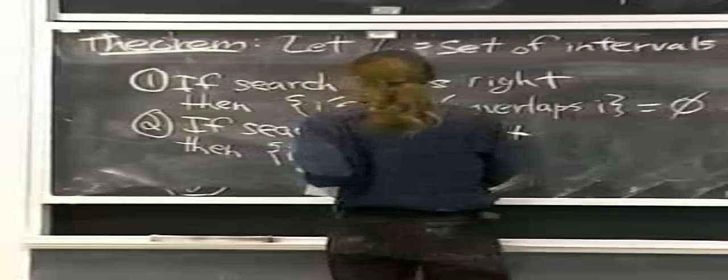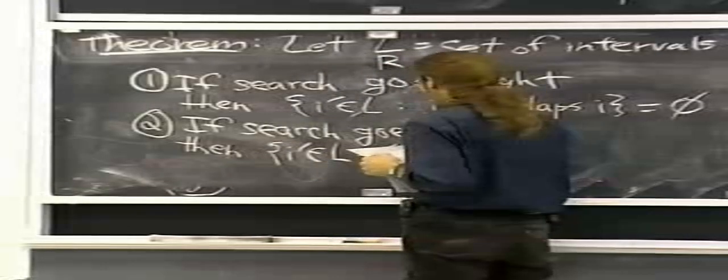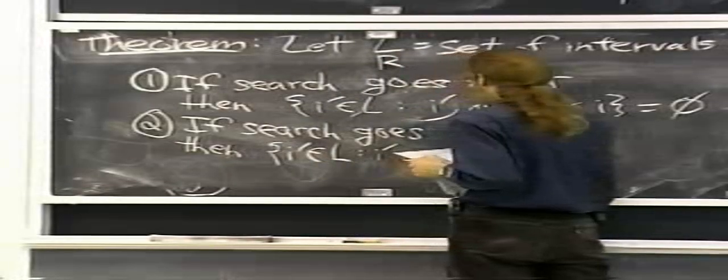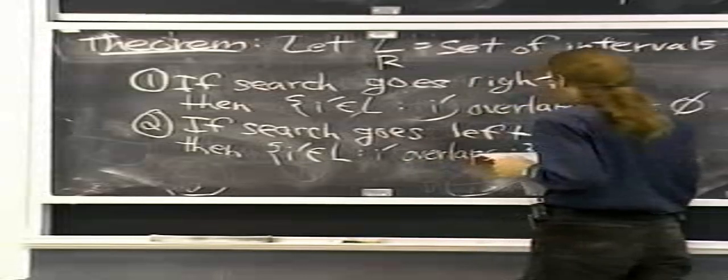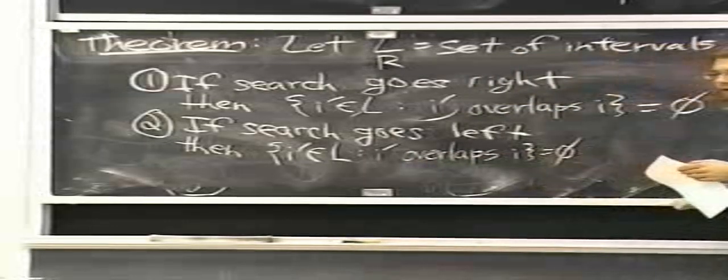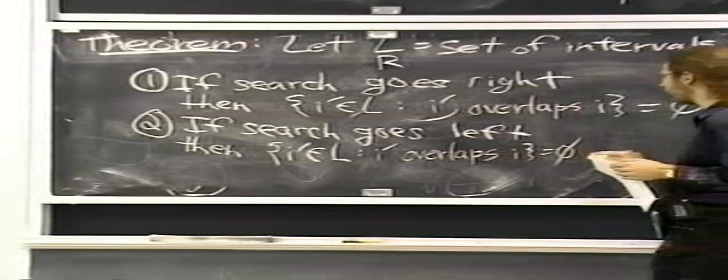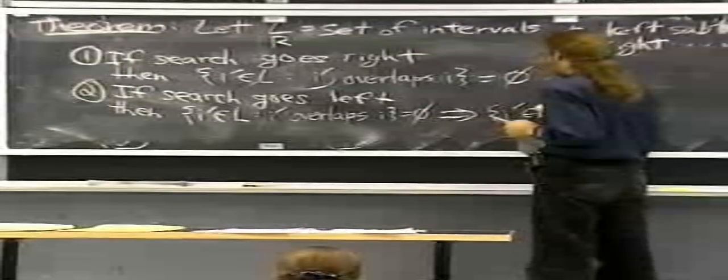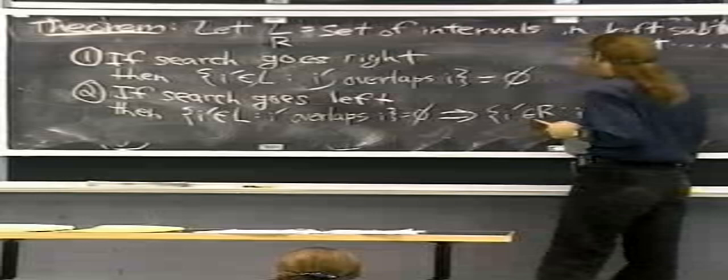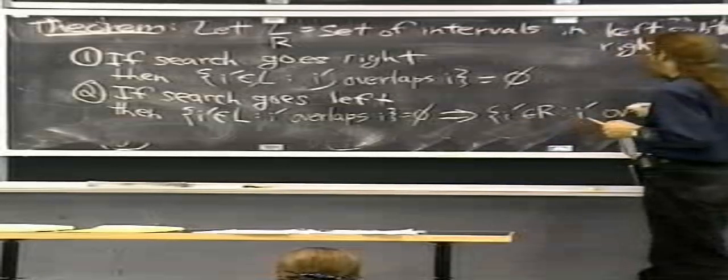So suppose I went left and I didn't find anyone. There was no I prime in the left subtree that overlaps I. Well, that's no good because I was looking for someone that overlaps. So maybe I should have gone right. Well, the theorem is if there's no one in the left subtree that you're looking for, there's no one in the right subtree either. So there was no one to find. And so it's okay. It didn't matter which way you went.